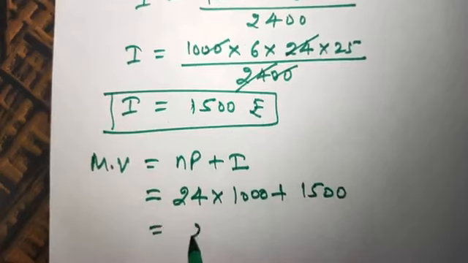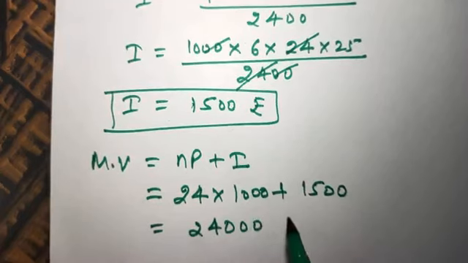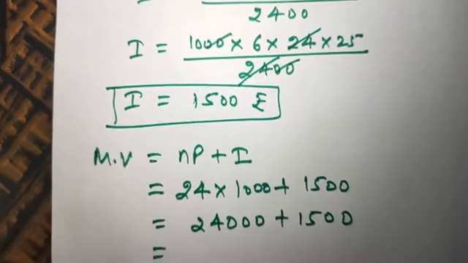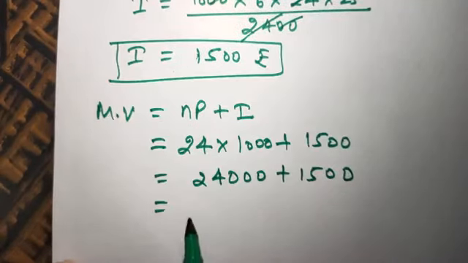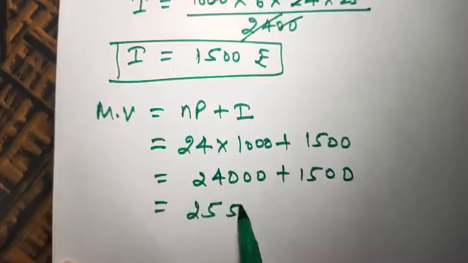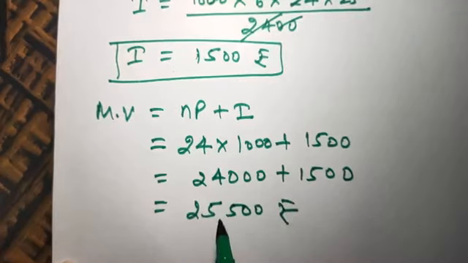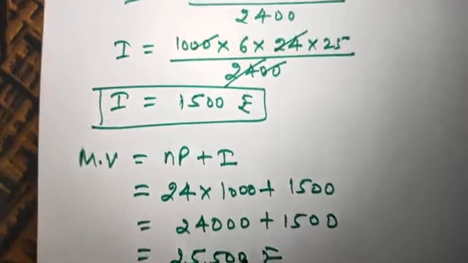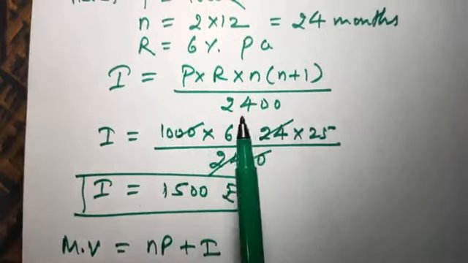So here what we get, 24,000 plus 1500, right? So we will get 25,500 rupees, right? You can solve. So clearly, if you notice one thing, in this topic you only have to memorize the formula.